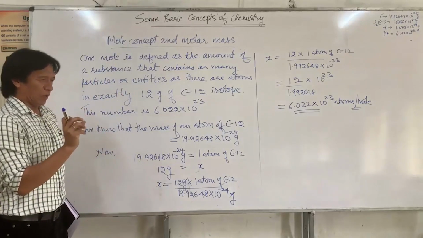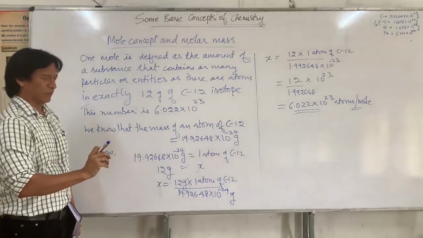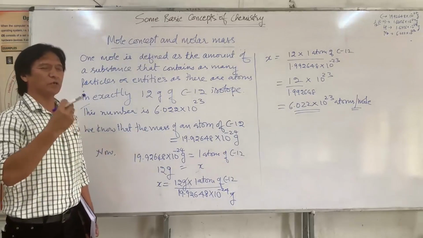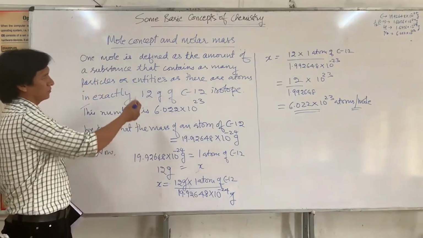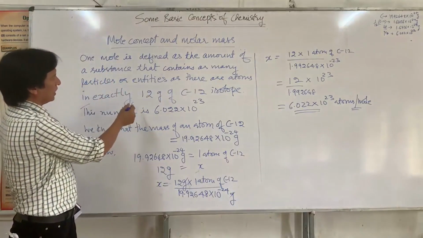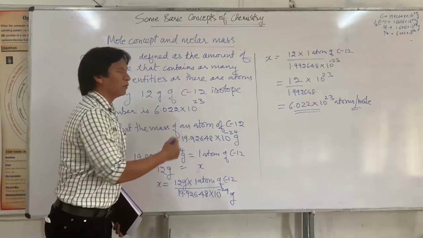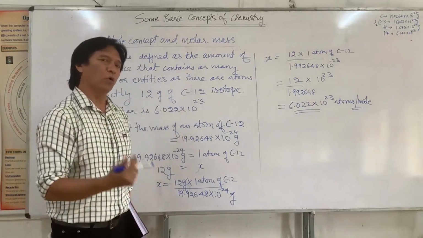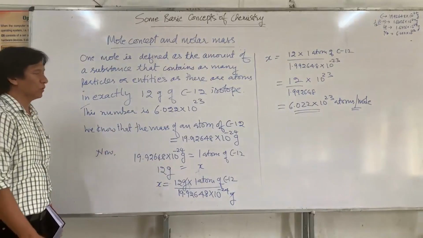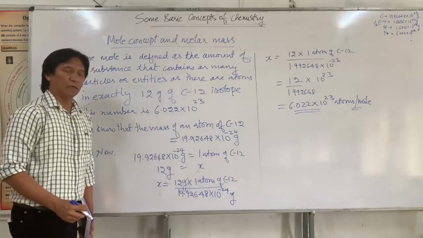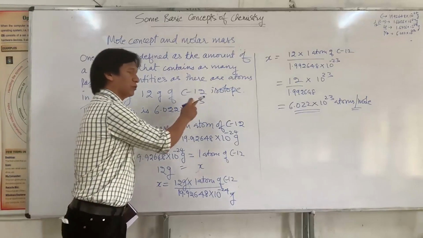The amount of a substance that contains as many particles or entities as there are atoms in exactly 12 grams of carbon-12 isotope is called 1 mole. And this number is 6.022 × 10^23.